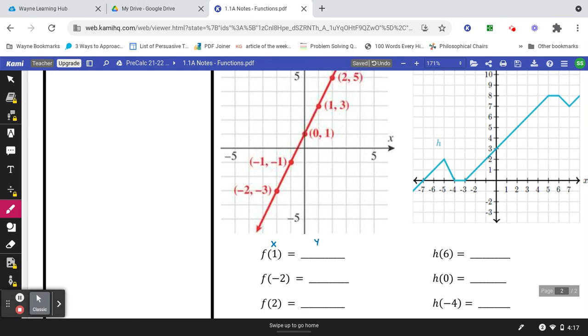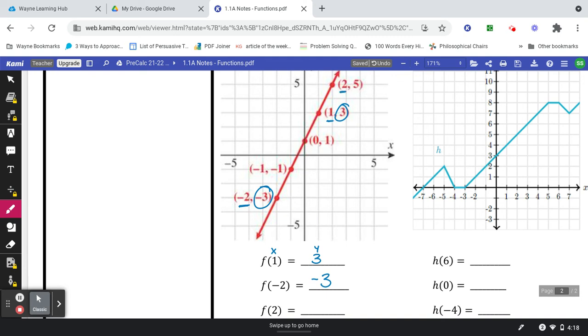So if x is 1, right here, y value would be 3. Then the next one, f of negative 2. Here's negative 2 as the x. That's our answer for the y. F of 2 must be 5.